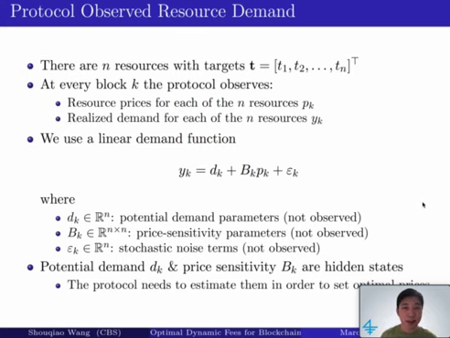So we use a linear demand model to model the realized demand Y_k. You can see in the middle of this page is Y_k equals D_k plus B_k times P_k plus epsilon_k. But the parameters like the potential demand D_k and price sensitivity B_k, they're not observable in the protocol. So in practice, we need to estimate the parameters D_k and B_k in order to calculate the optimal policy.